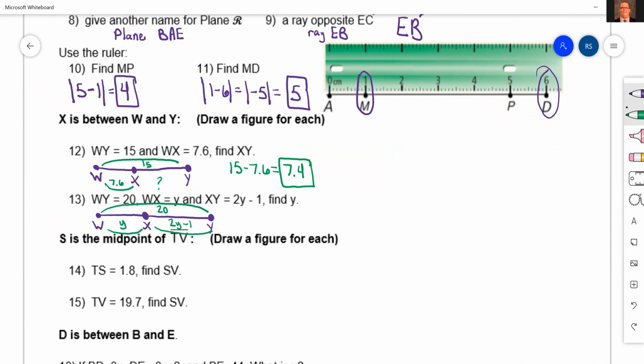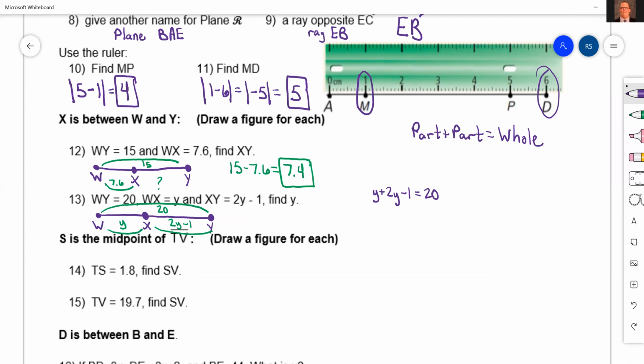So here's where the equation comes in. Remember, we talked about something that says part plus part equals whole. So if you add the two smaller parts together, you'll get the whole thing. So let's do that. y plus 2y minus 1 equals 20.